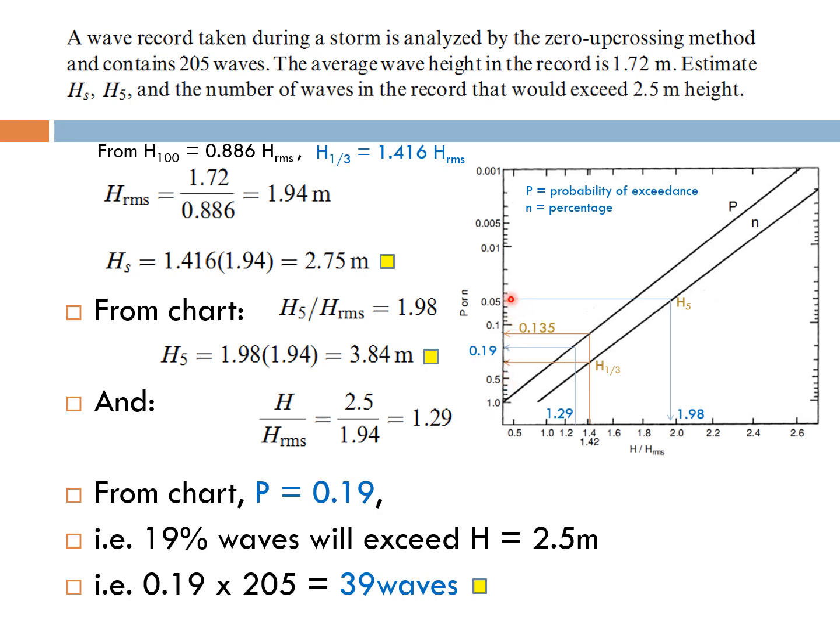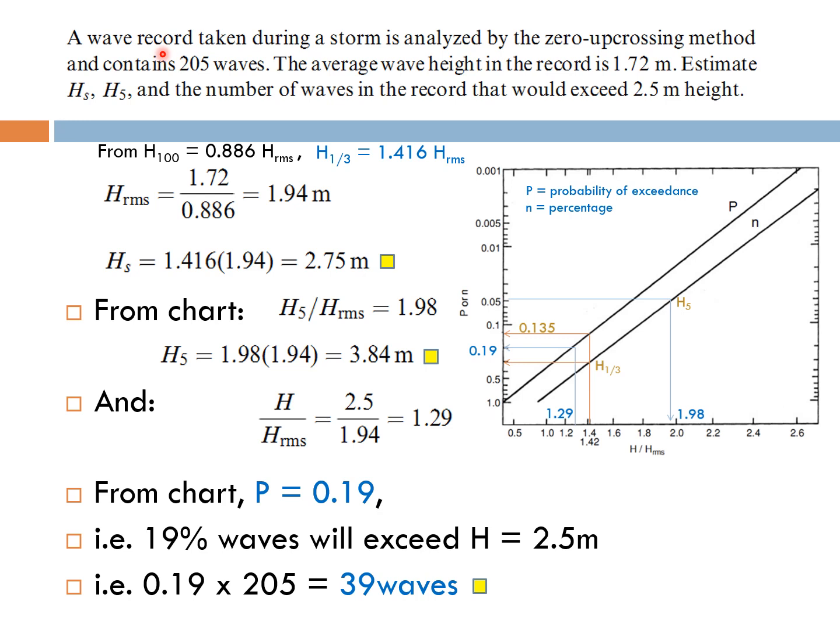So for n equals 0.05, the H over H RMS is approximately 1.98, which means that H5 is 1.98 times H RMS, so H5 is 3.84 meters. So again, we are able to obtain the H5 based on the Rayleigh distribution here without actually sorting and averaging out the top 5% of the wave record.